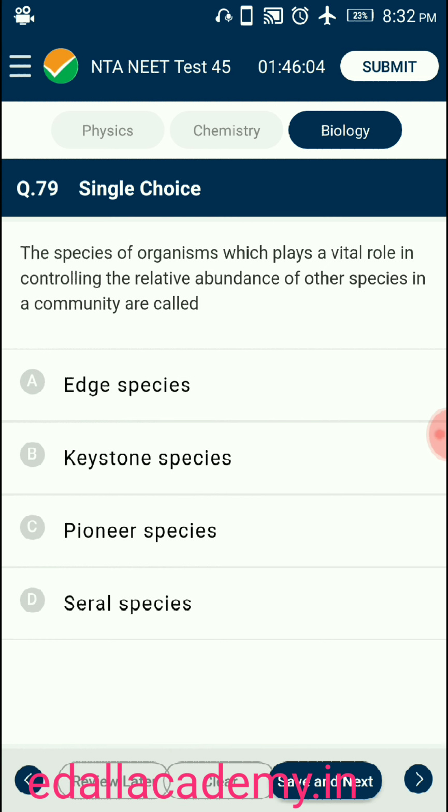Question number 79. The species of organism which plays a vital role in controlling the relative abundance of other species in a community are called. The species that plays an important role in the functioning and stability of an ecosystem by controlling the relative abundance of other species in a community is called keystone species. So the answer is option B, keystone species.